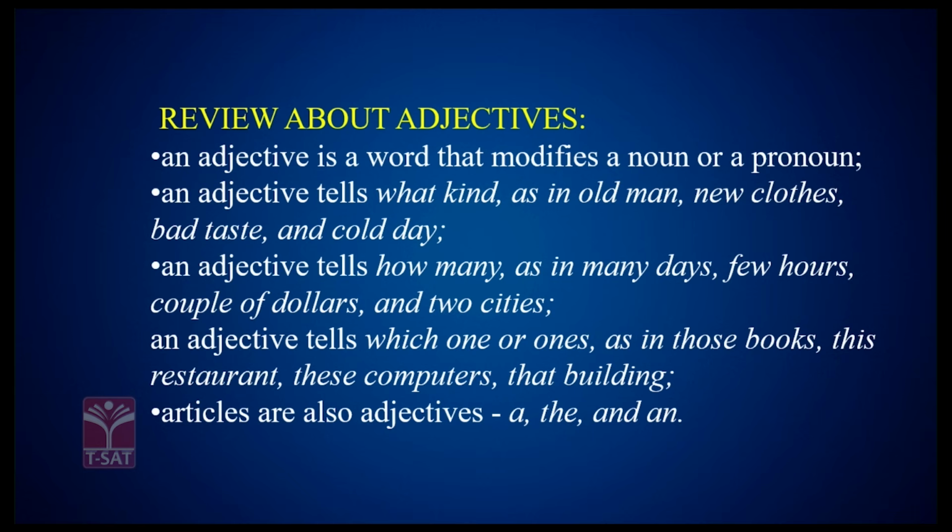An adjective tells how many, as in many days, few hours, a couple of dollars and 2 cities. An adjective tells which ones, as in those books, this restaurant, these computers, that building. So, that is how you should be able to identify the adjectives.